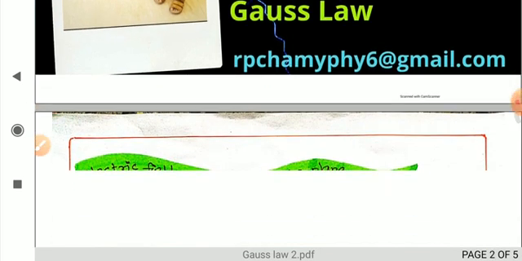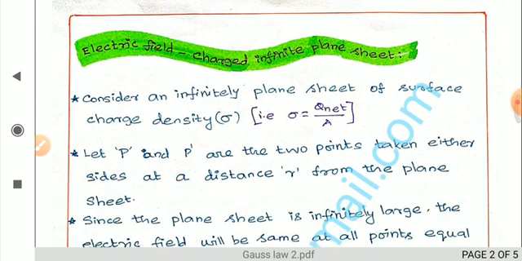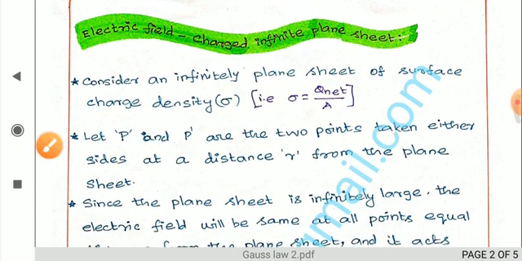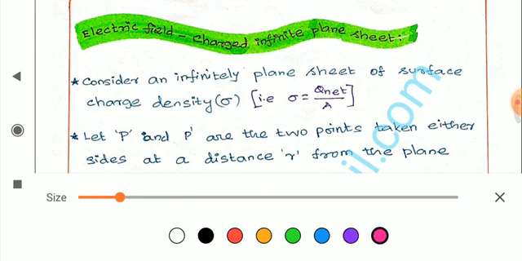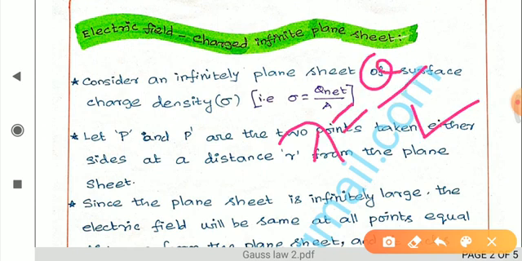Okay, friends. Now we can move to the topic. What is the topic? Electric field due to the charged infinite plane sheet. In this case, one different thing we have to remember is surface charge density. In the previous case, we discussed linear charge density, which is given by lambda is equal to Q by L. Here, what is the different thing?